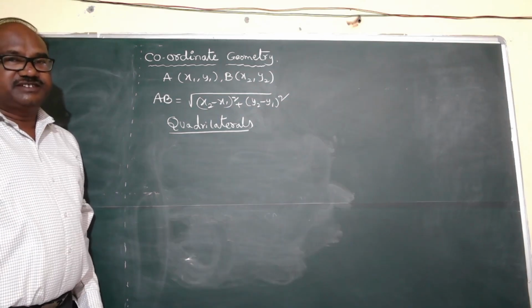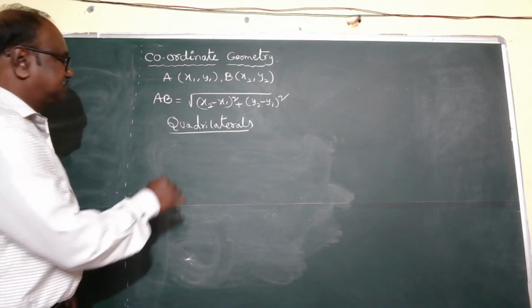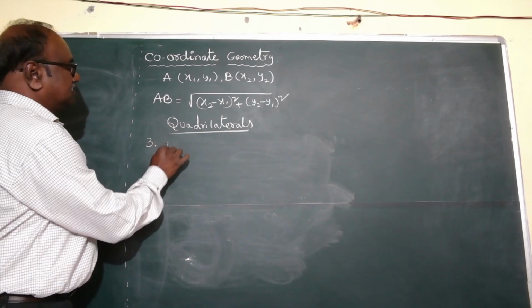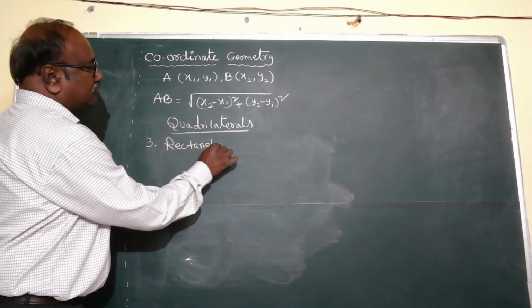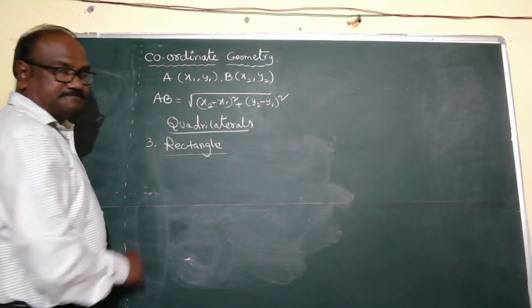Now, next case in quadrilaterals is the third one, a rectangle. When can we accept the given 4 points form a rectangle?